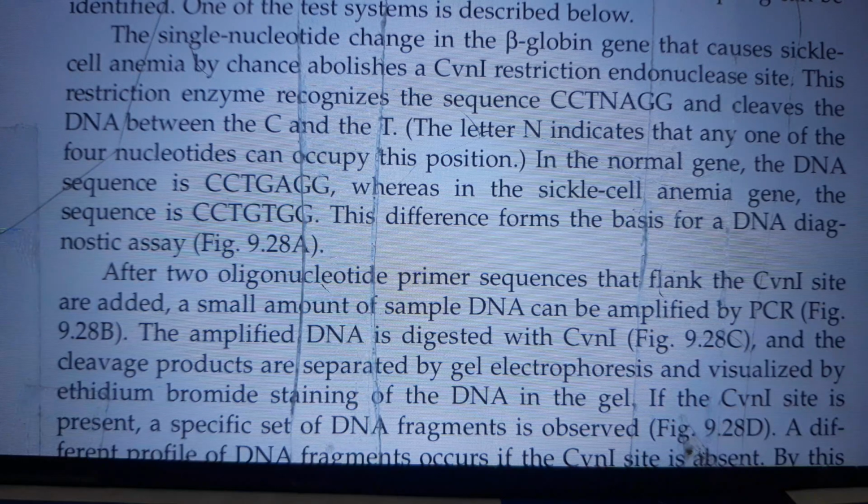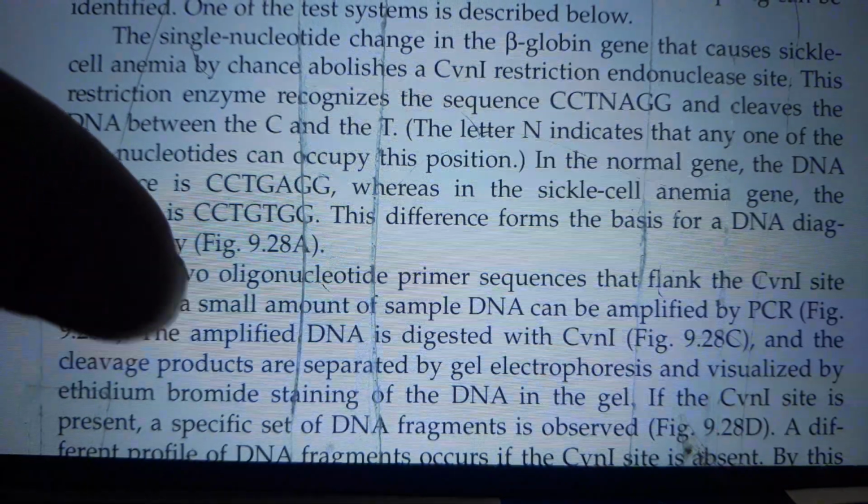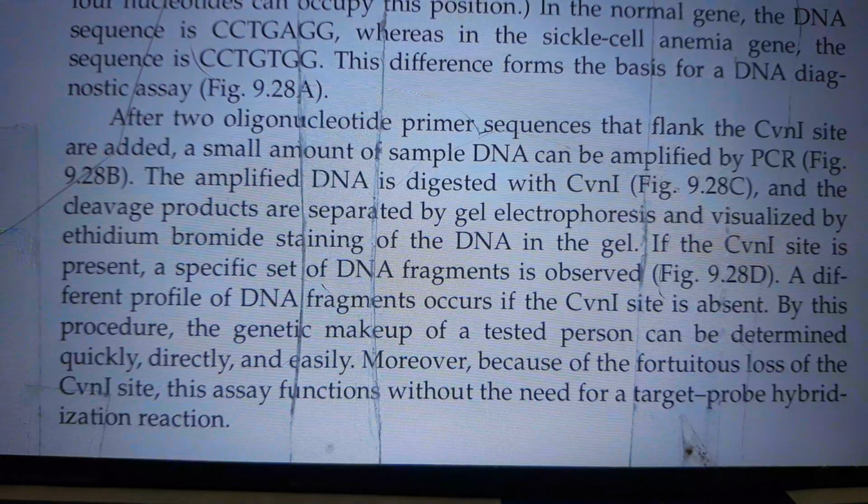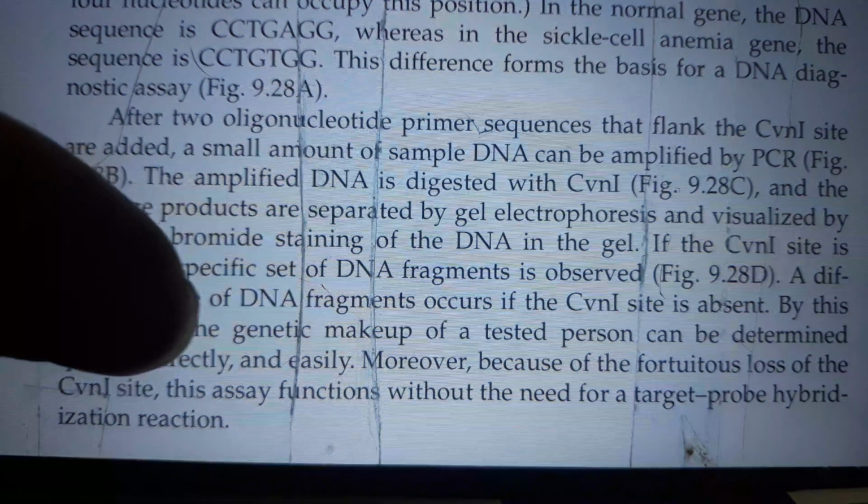In the normal gene the DNA sequence is CCTGAGG, whereas in the sickle cell anemia gene the sequence is CCTGTGG. This difference forms the basis for a DNA diagnostic assay.